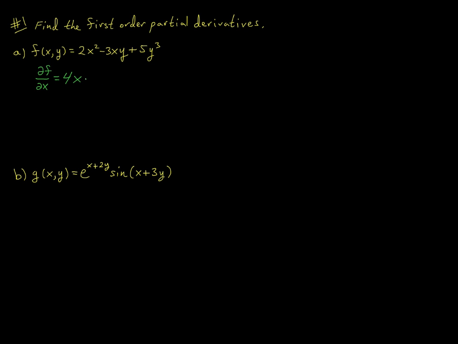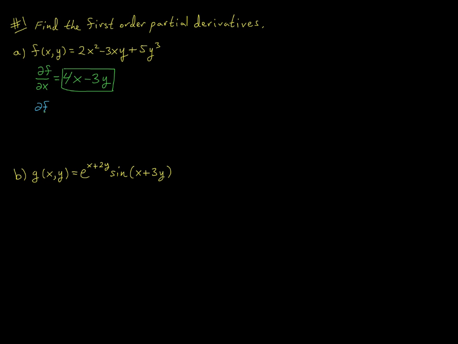So in that case I'm going to just get minus 3y. Now the derivative of 5y cubed would just be 0, because 5y cubed is being held constant there, so the derivative of a constant is 0. So in fact, this is my answer. Not too bad. Certainly a lot easier than using the limit definition.